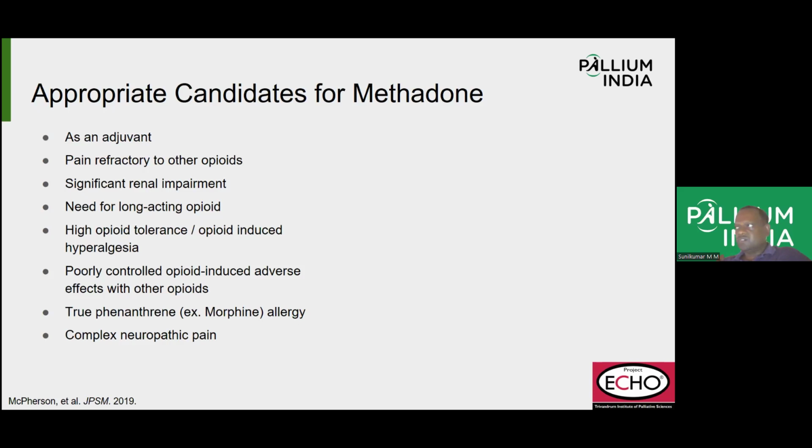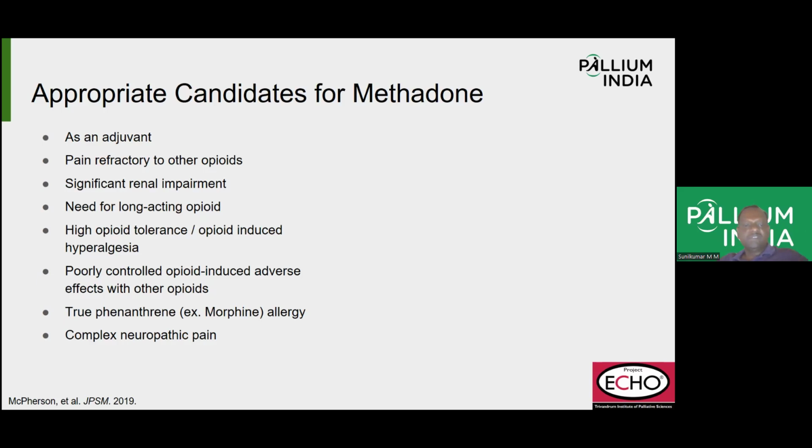And there is something called opioid-induced hyperalgesia. In such patients also, methadone might be useful. Then poorly controlled opioid-induced adverse effects with other opioids. So a patient who is on morphine, maybe 10 milligram 4 hourly, and is developing delirium, myoclonus, all those symptoms, and when you reduce the dose, the patient has severe pain.